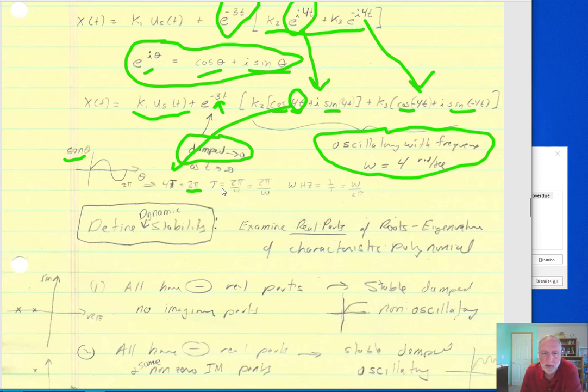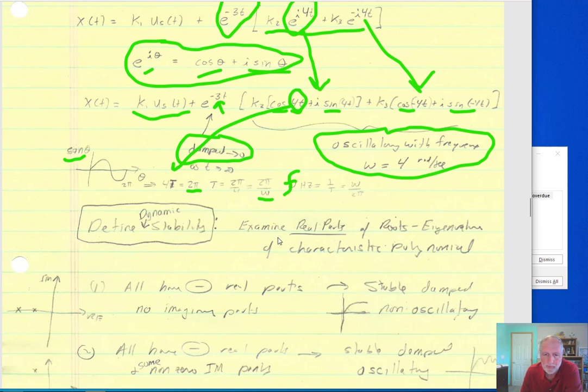So you can calculate the period as 2 pi over the frequency, or the frequency in hertz, really should call this f, is 1 over the period, because this is cycles per second, this is seconds per cycle, and that's omega over 2 pi.